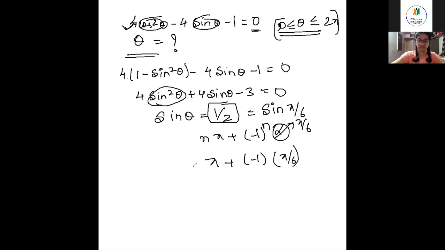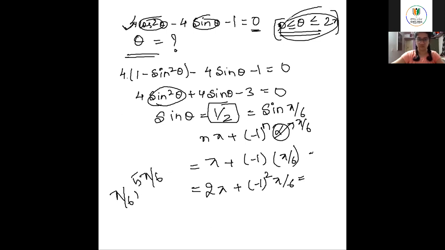So pi minus pi by 6 is your first answer. Let's put 2. So 2 pi plus minus 1 whole square pi by 6. So 2 pi plus pi by 6 is your second answer. So I think you'll get pi by 6 and 5 pi by 6 in the range, correct?